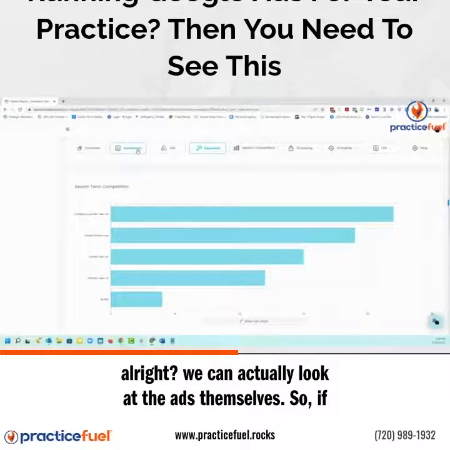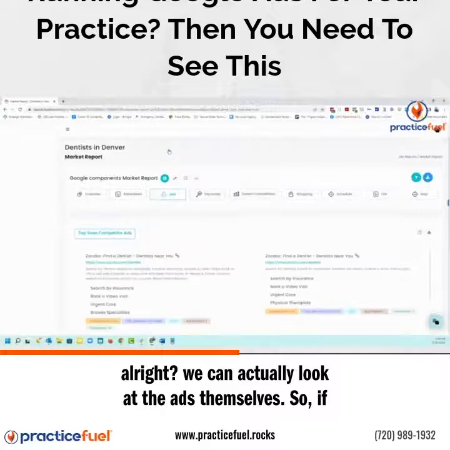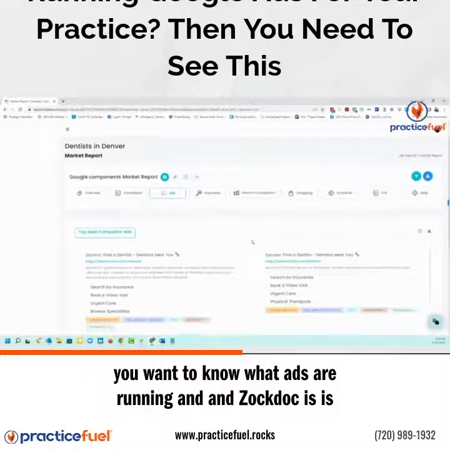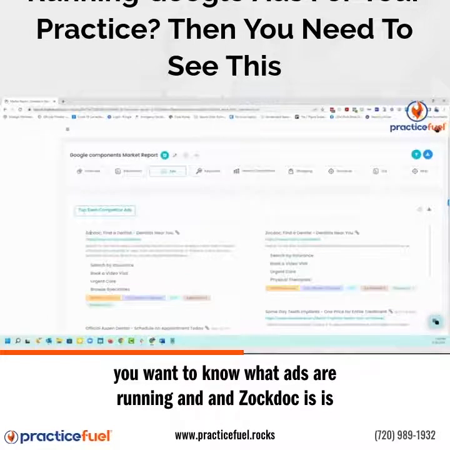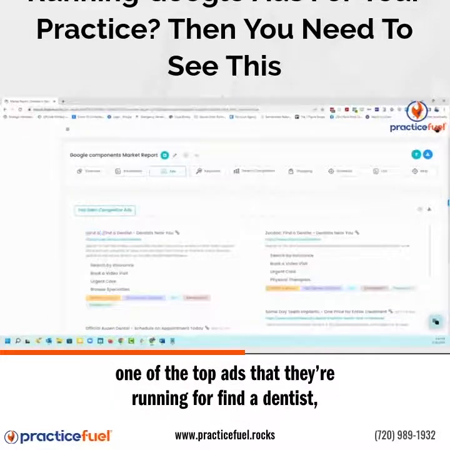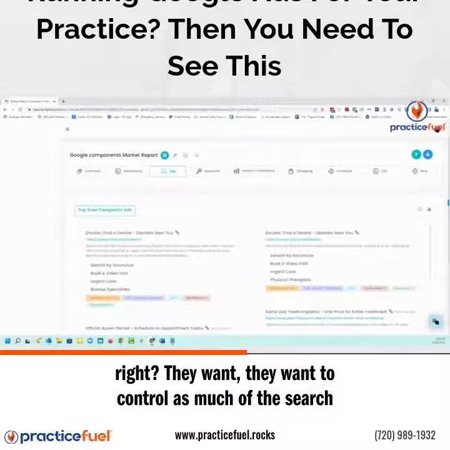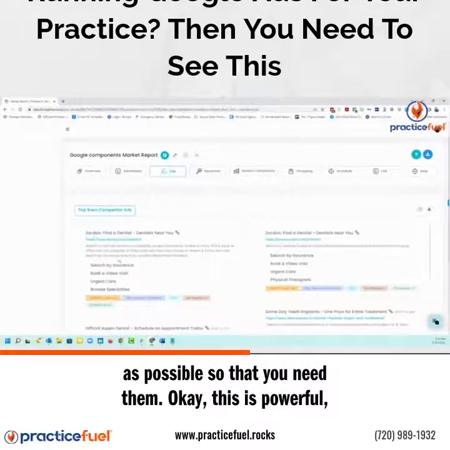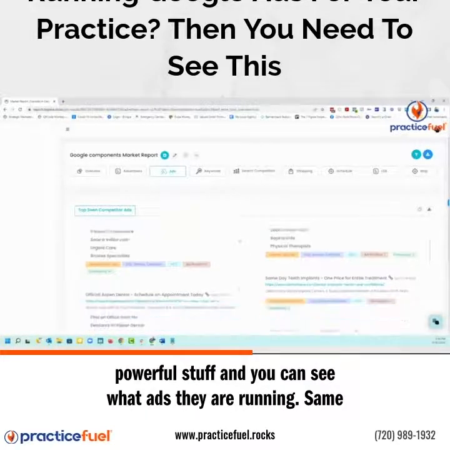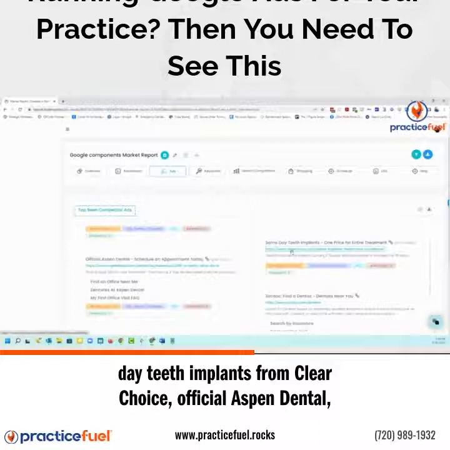All right. Now, we can actually look at the ads themselves. So if you want to know what ads are running, ZocDoc is one of the top ads that they're running for find a dentist, right? They want to control as much of the search as possible so that you need them. Okay, this is powerful stuff. And you can see what ads they are running. Same-day teeth implants from ClearChoice.